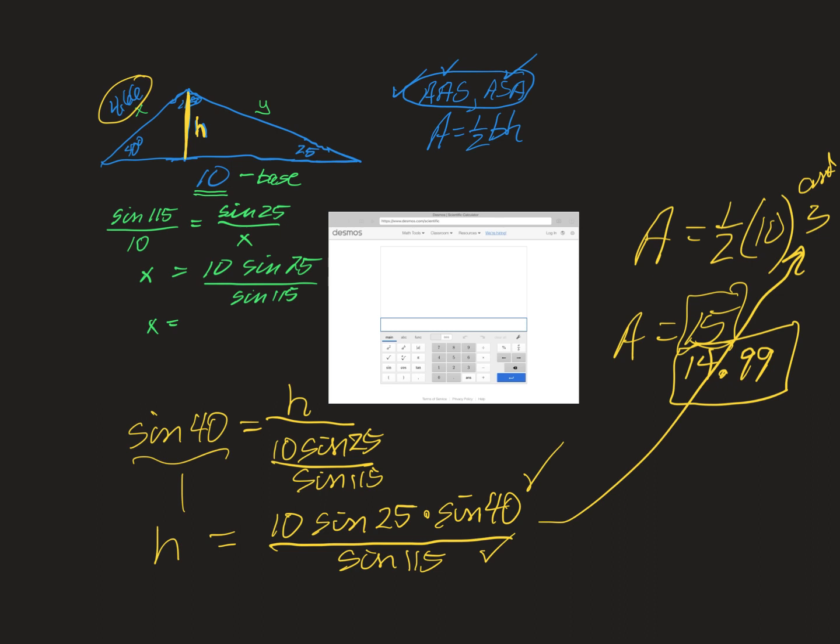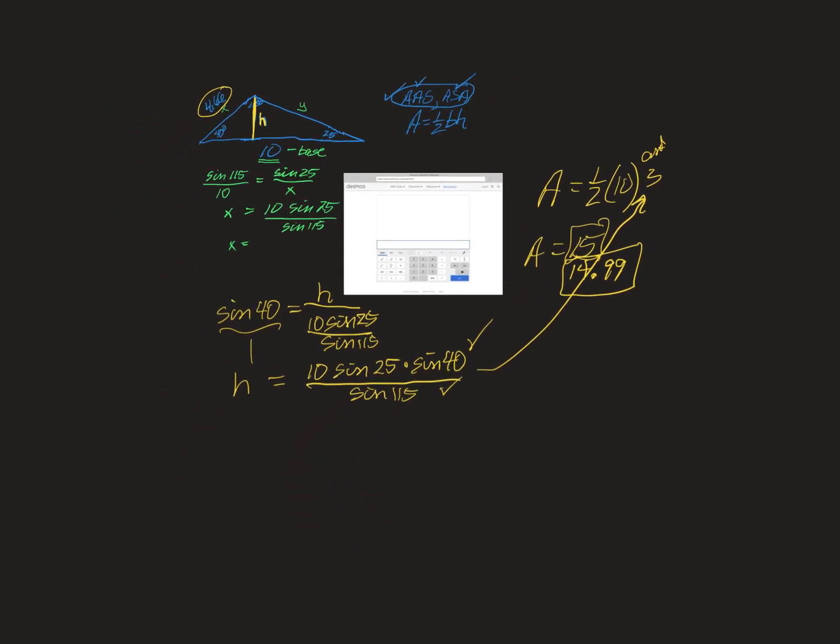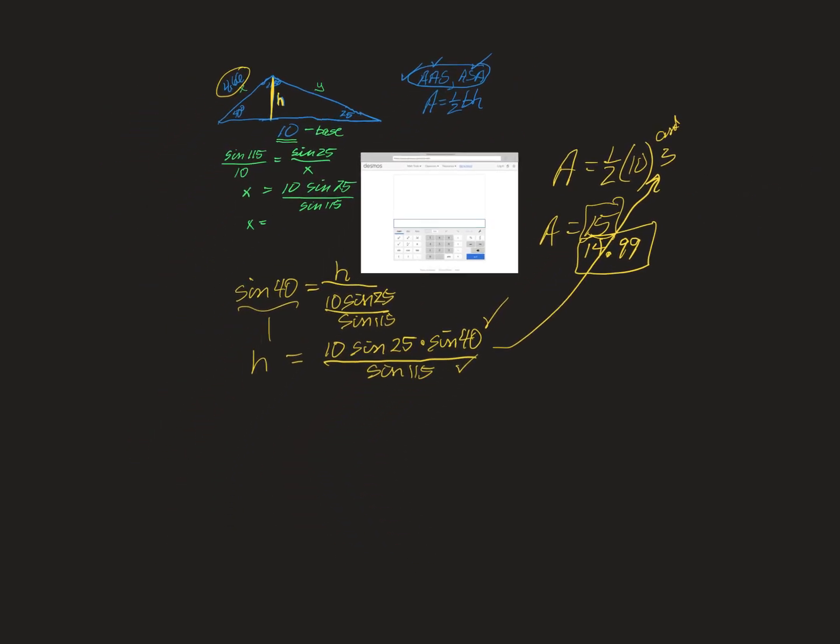So what does the book do? So I'll just shrink this all up and we'll move it up here. So how's the book write this out? Well, they label this triangle, okay? Now we had 40, 25, 115, and this was 10.